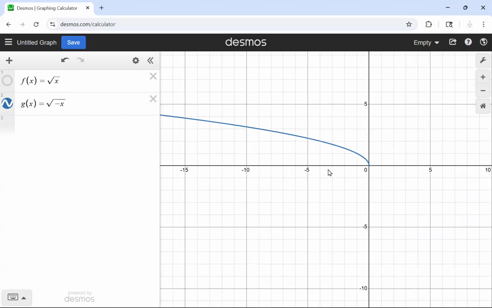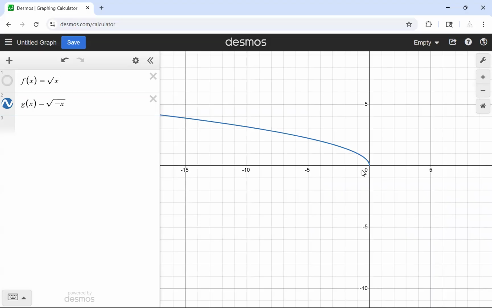So my new square root of negative x looks just like the square root of x, but flipped across the y-axis. So all x values change from negative to positive. That's what's going on with this reflecting about the x-axis and reflecting about the y-axis.